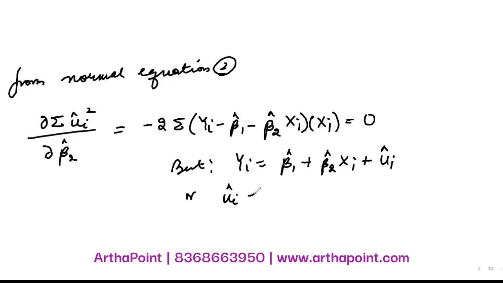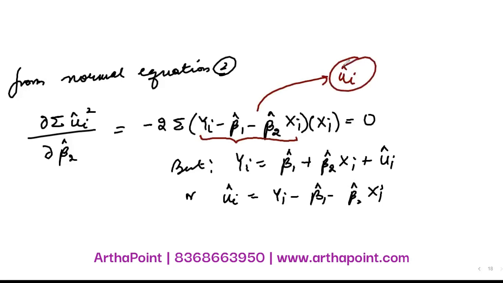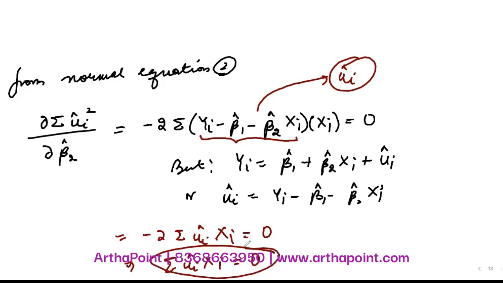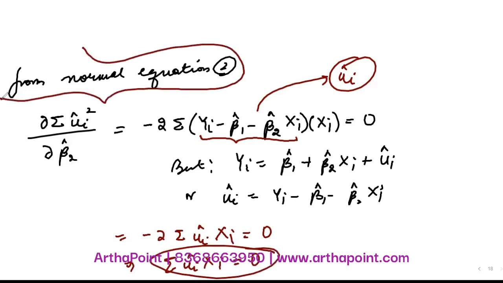So ui hat will be nothing but yi minus beta 1 hat minus beta 2 hat xi. So instead of this entire thing, I can just write ui hat. So this will be minus 2 summation ui hat xi is 0, which implies summation ui hat xi is 0. So directly by using normal equation 2, I have been able to prove that the error terms are uncorrelated with xi.